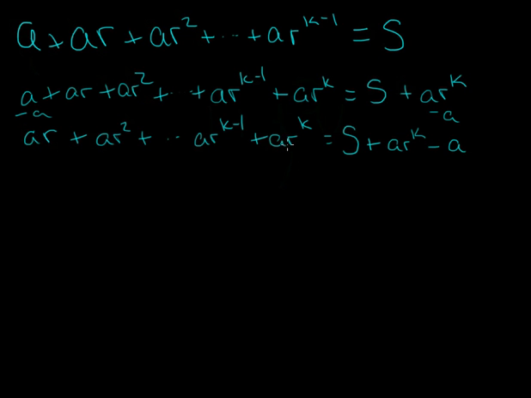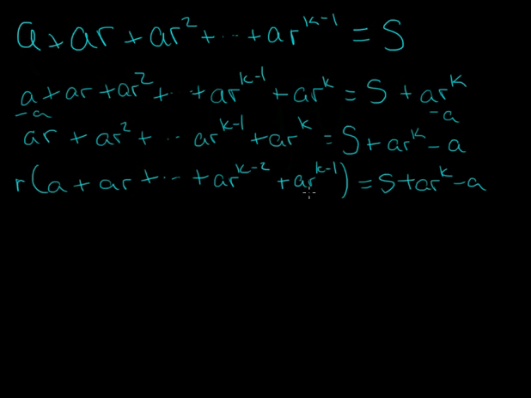Now here we could factor out an r from each term. So let's do that. r times a plus ar plus dot dot dot plus ar to the k minus 2 plus ar to the k minus 1, which still equals the same thing.